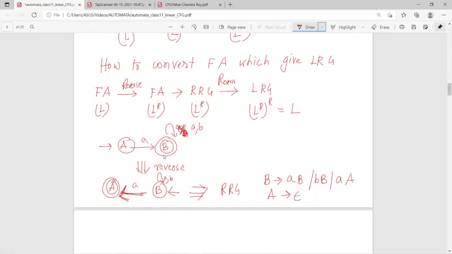And this particular grammar gives the reverse of the complement of this language. That means this is nothing but starting with a, and that is nothing but ending with a.